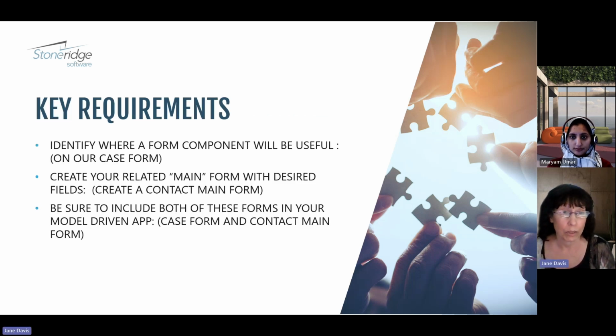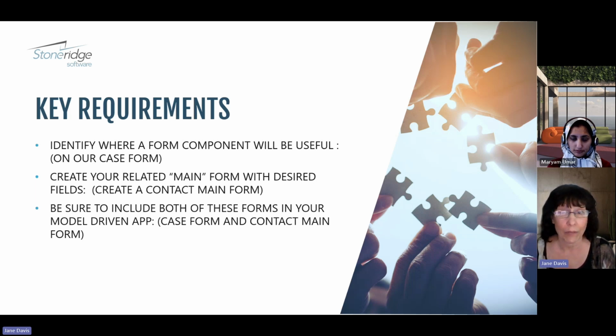There are three things to think about when you get started. The first is to identify where you want to put this form component. Where will it be used? In our scenario, we're going to use it on the case form, so we know that we need to go to the case form to put it there. The second thing is what is the related form that you want to embed?